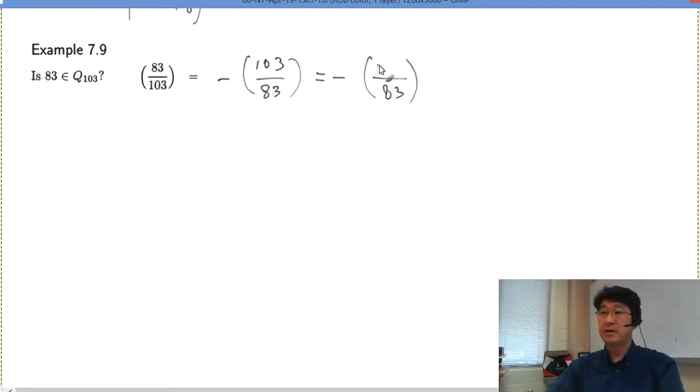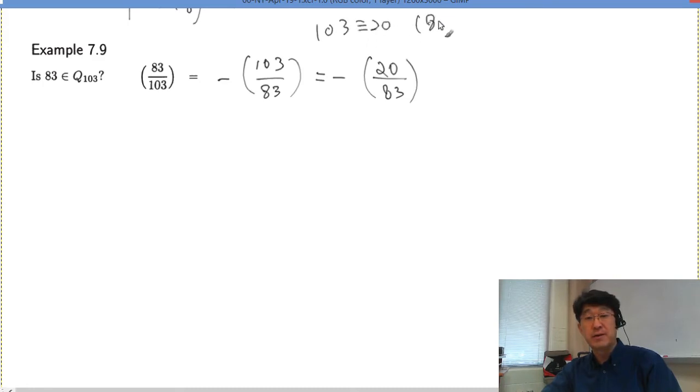Just 20. 20 is no longer a prime number. If 103 is a quadratic residue or not mod 83 is the same as 20 mod 83. The quadratic residue property doesn't depend on the representative of the class, so you can reduce that class.